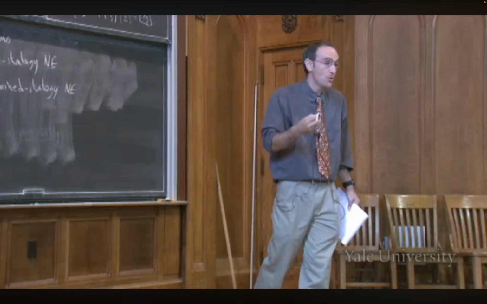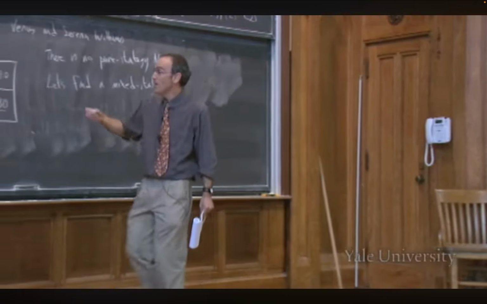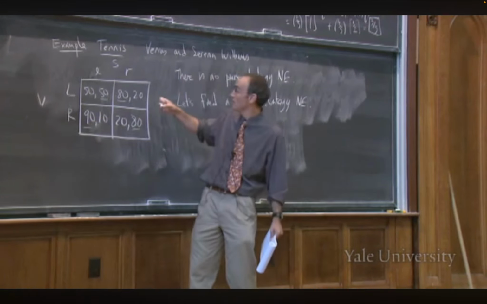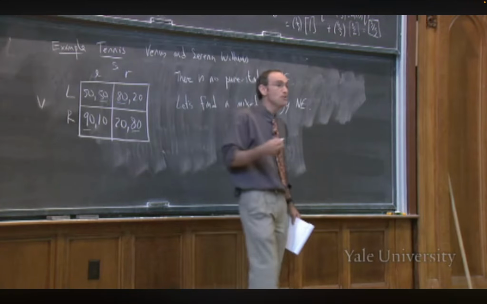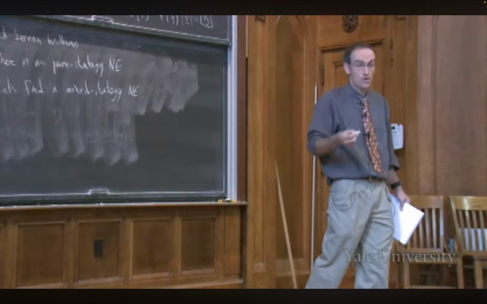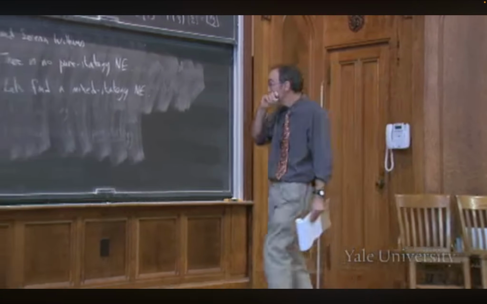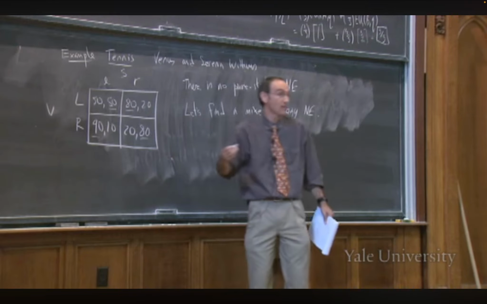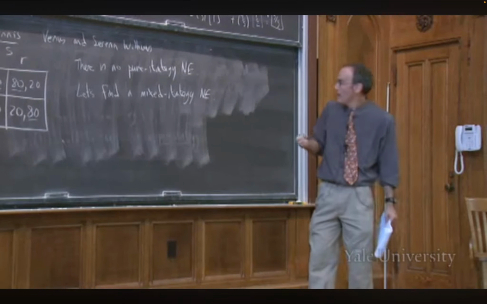A mixed strategy Nash equilibrium in this game is going to be a mix for Venus between hitting the ball to Serena's left and Serena's right, and a mix for Serena between leaning left and leaning right, such that each person's mix, each person's randomization, is a best response to the other person's randomization. All right? And since these players are sisters and have played each other many, many times, not just in competition but probably in practice, it seems like a reasonable idea that they might have arrived in playing each other at a mixed strategy Nash equilibrium. All right, that's what we want to try and do.